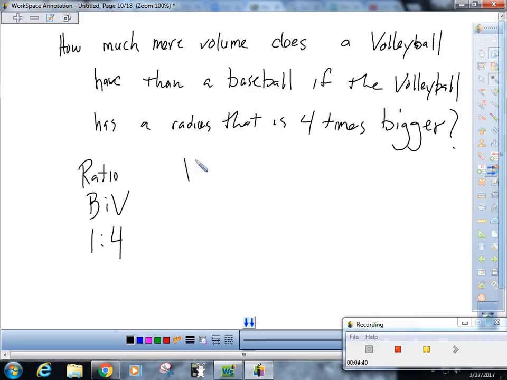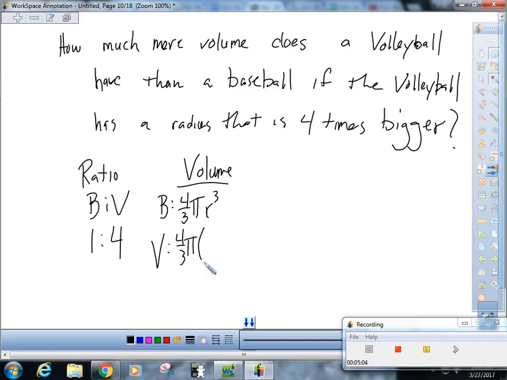What is the volume? Well, the volume of the baseball is 4/3 times pi times x cubed, where x is the radius, so we'll just call it r. Okay? The volume of the volleyball is 4/3 times pi.